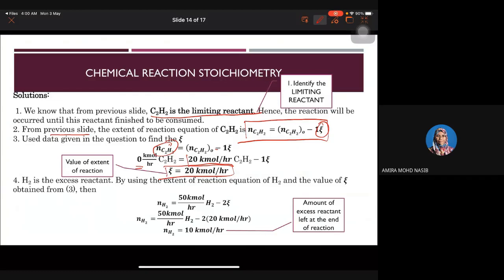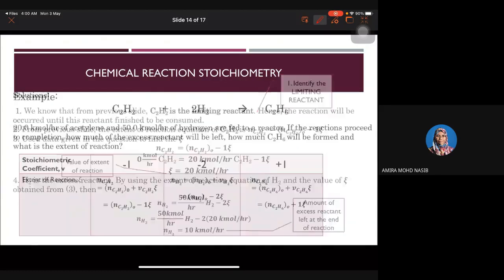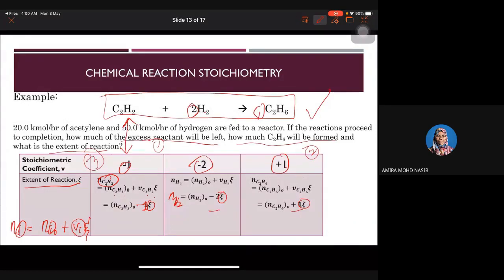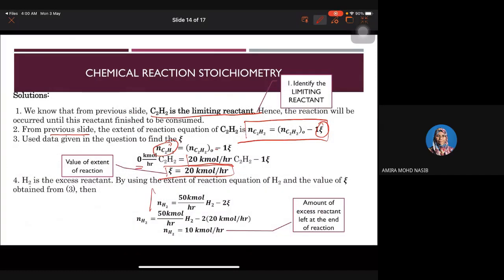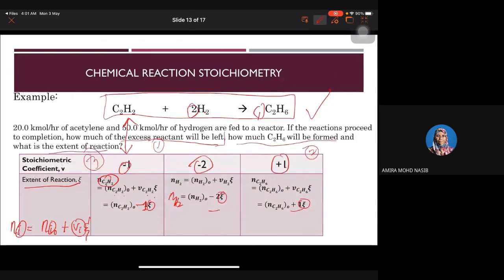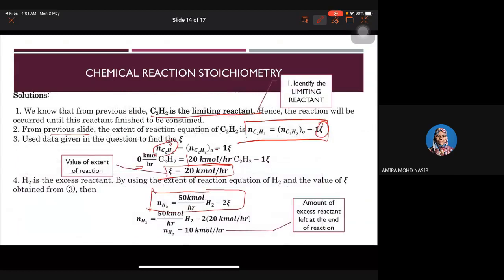Okay, so they're asking how much excess reactant will be left at the end of your process. Still using the same equation, but we use it for hydrogen. Since we are talking about hydrogen, how much hydrogen is left at the end of the reaction? Use this equation for hydrogen.